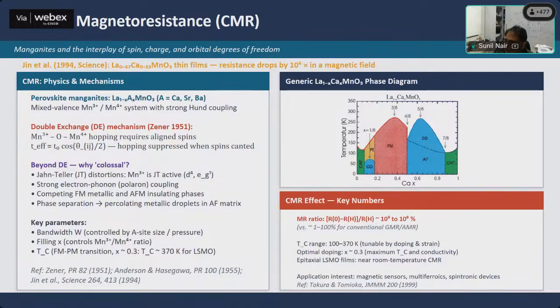So even at this point, this seems to be the class of materials which shows you the largest value of magnetoresistance in the vicinity of room temperature. And this has a number of potential application areas, most particularly in the area of magnetic sensors, magnetoimpedance sensors and so on.